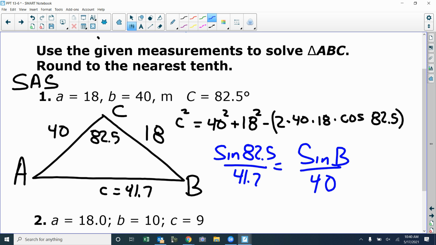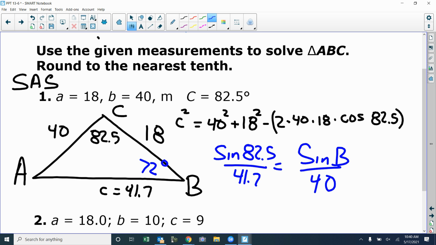Remember, you're finding that angle, so inverse sine of 82.5 times 40 divided by 41.7, do the inverse on that, and it's probably going to be pretty close to 80. 72 degrees is fine. Again, I'm not going to wig out over the degrees too much, get close within a degree, you're going to be fine.